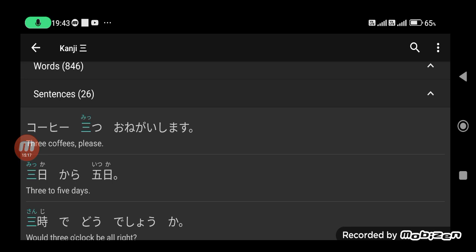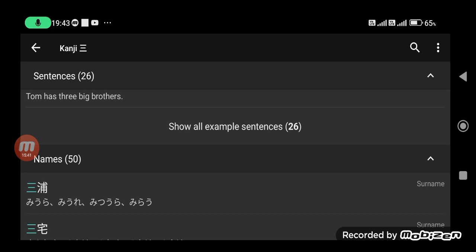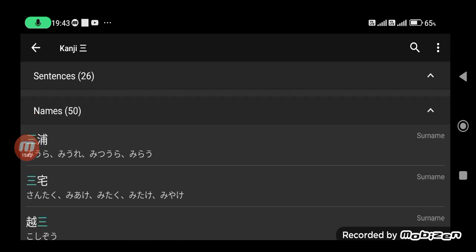Onegaishimasu means the wish or the request is to be done, to be granted. Kohi mitsu onegaishimasu means please bring me coffee for 3 people.